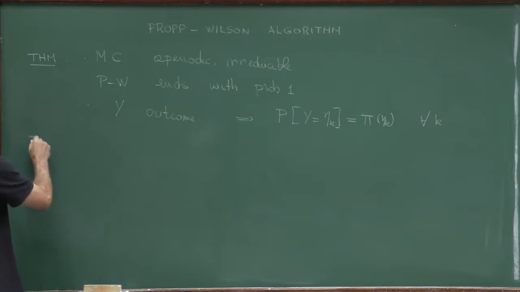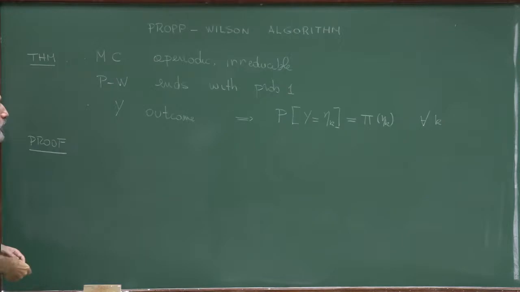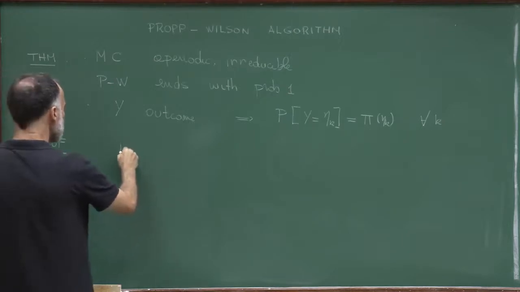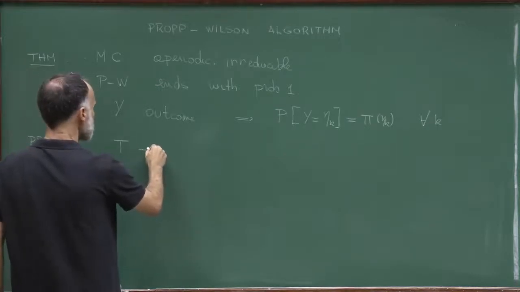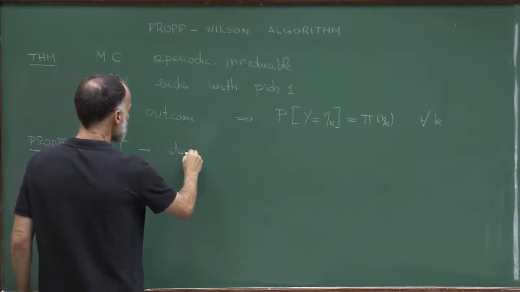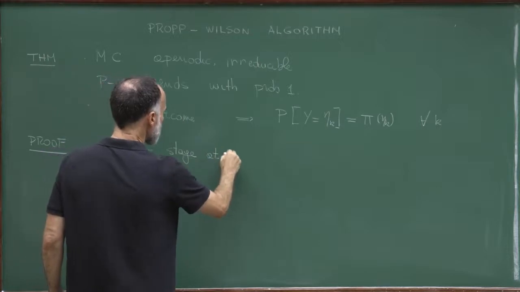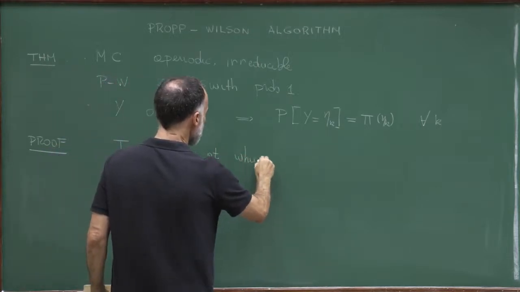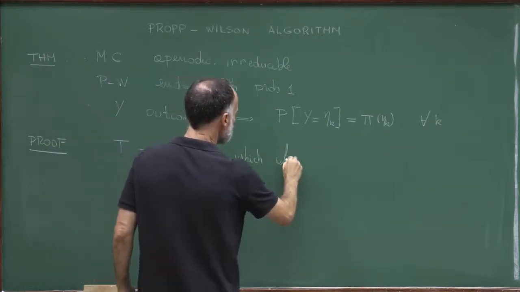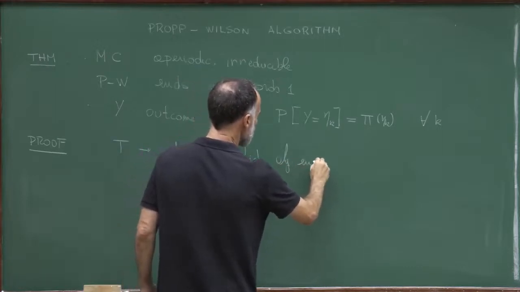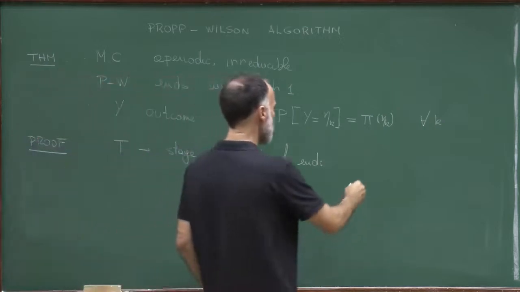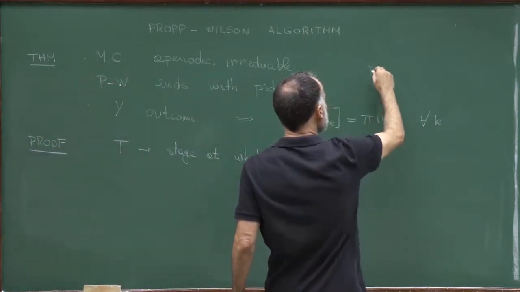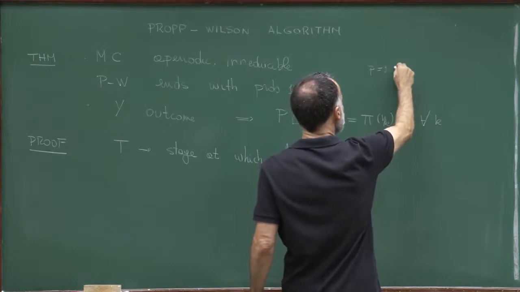So let's prove that. Let me call t the stage at which the algorithm ends. To be precise, what do I mean? You know that I represented by p the stage, so we start from 1, 2, and so on.